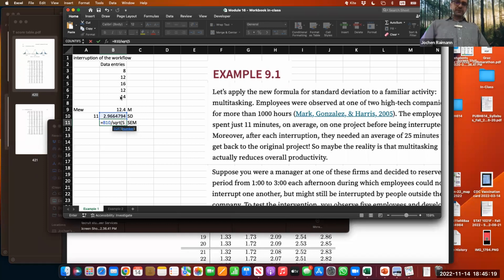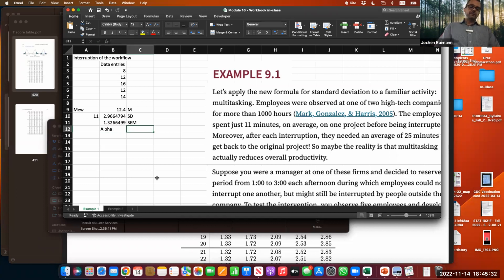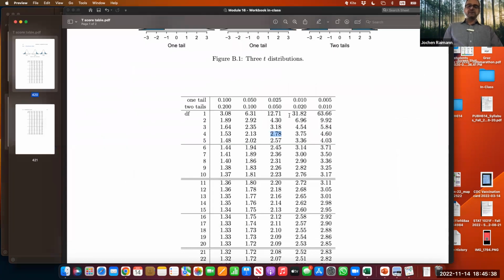We have 5 employees, so that's our standard error of the mean. It basically gets us now in the same situation as before. So the only thing we need to do is understand what's our alpha, which is 5%. Based on that alpha, with our sample size of 5 and our degrees of freedom of 4, we can determine this critical T. It's again 2.78.